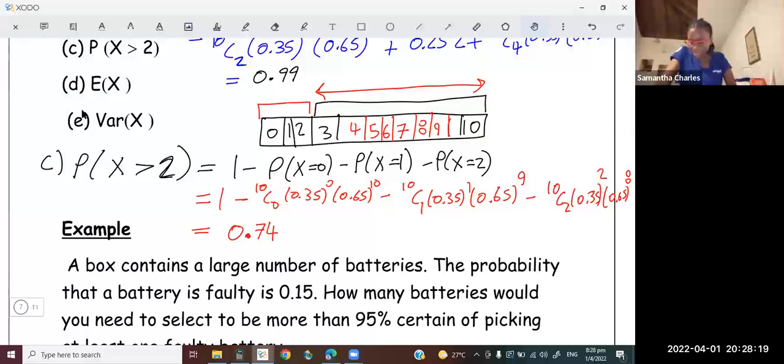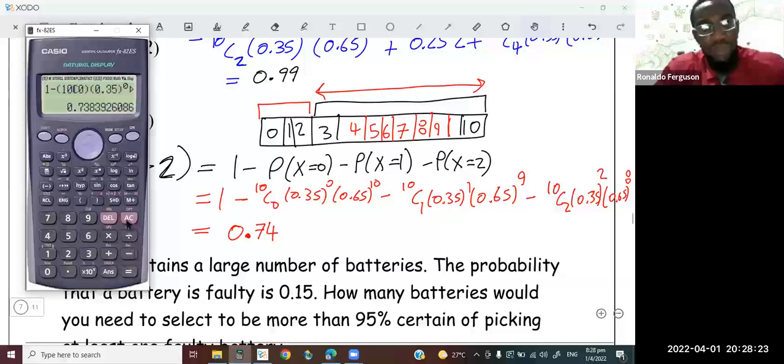Still getting 906. All right, let's put them in one by one. When you put in the zero, what do you get?